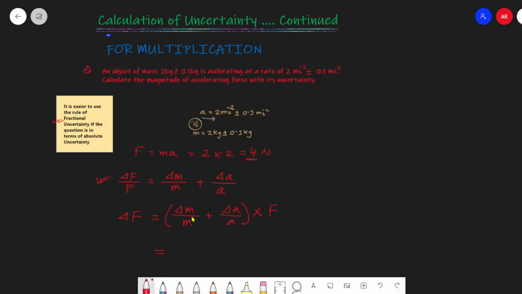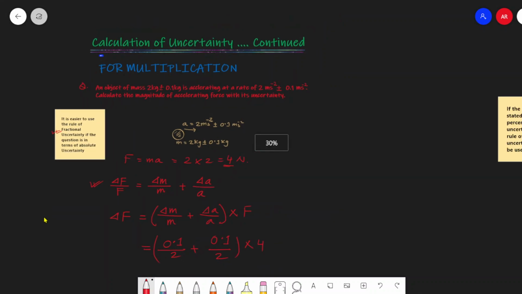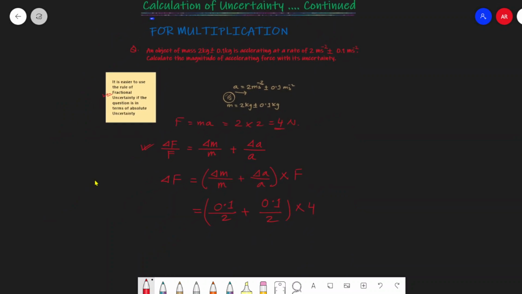This del M is the absolute uncertainty of mass, which is 0.1, divided by 2, plus 0.1, the absolute uncertainty of acceleration, divided by 2 again, multiplied with 4. This is the value of the absolute uncertainty, which we found as 0.4 Newton.